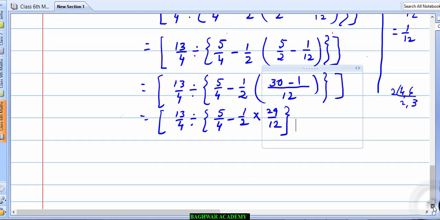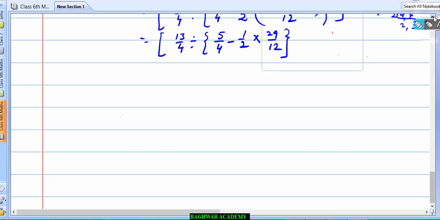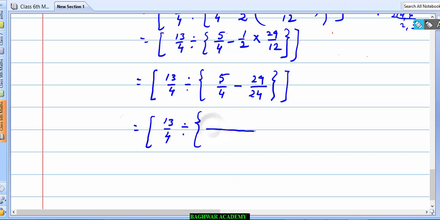Now you see, here we will write 13 by 4 divided by curly bracket open 5 by 4 minus 29 divided by 12 2s are 24. Then 13 by 4 divided by, here you see, what will your LCM be?